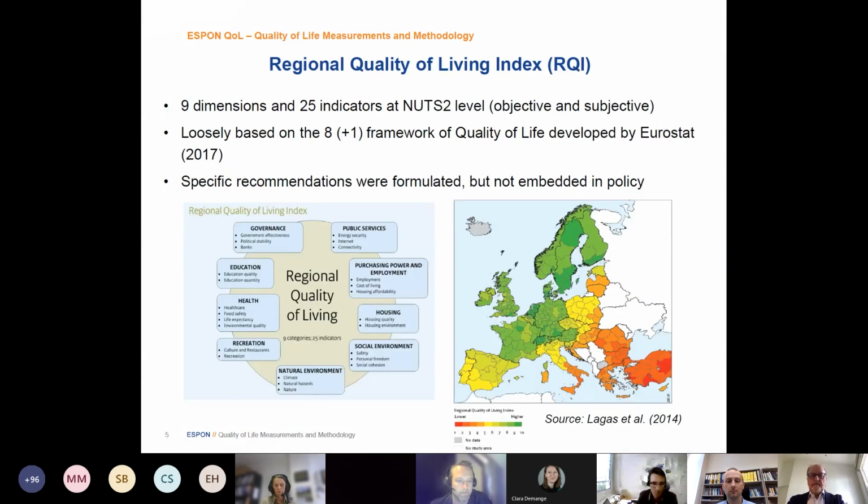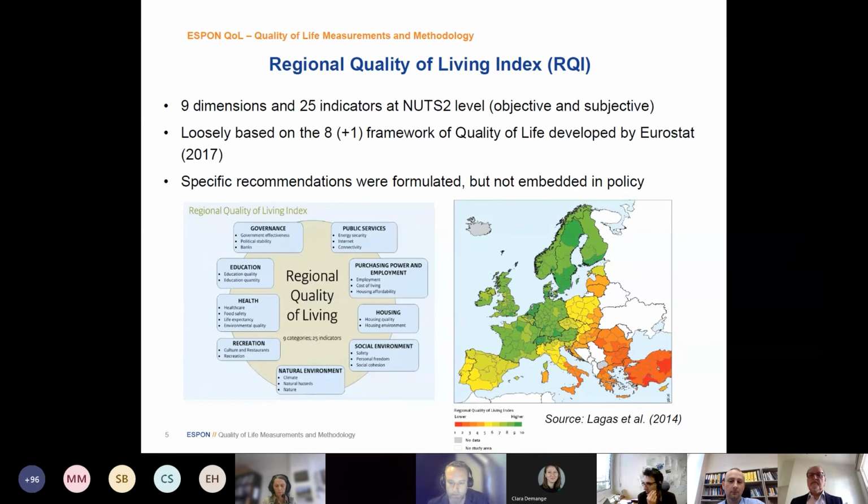Next slide, please. So this Regional Quality of Living Index was a one-time effort to measure and define quality of life. It's loosely based on the 8+1 framework of quality of life developed by Eurostat.